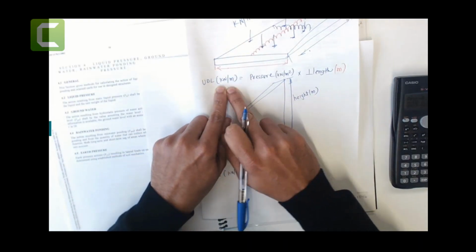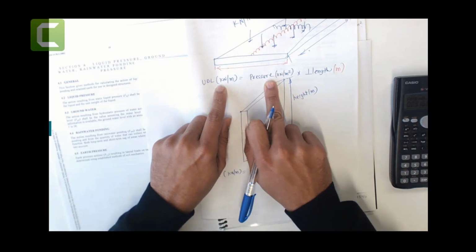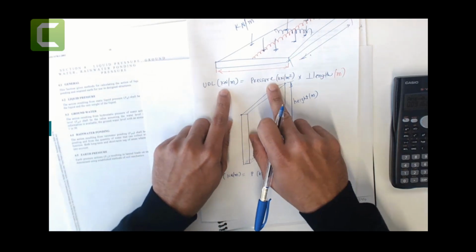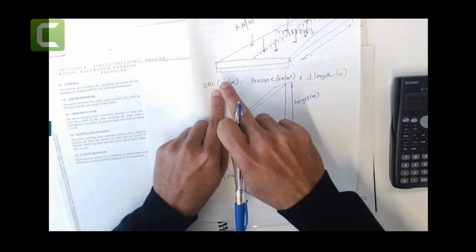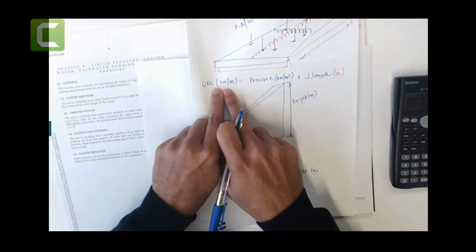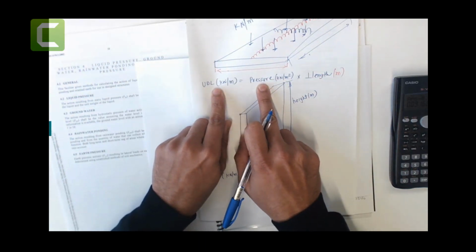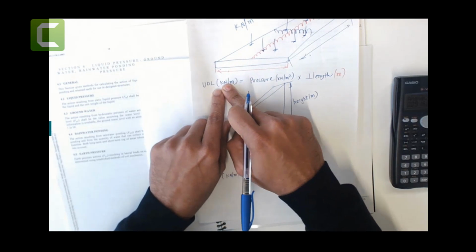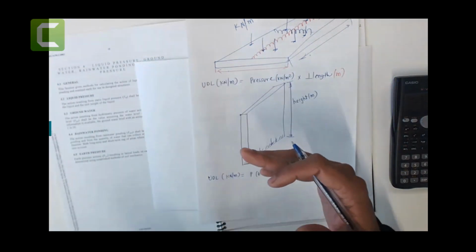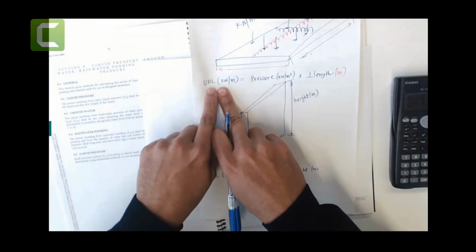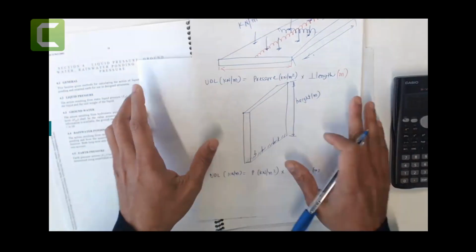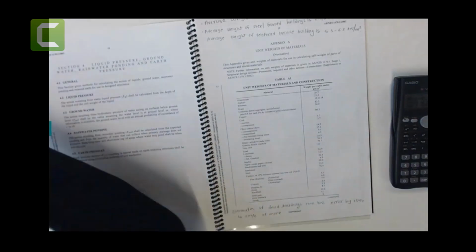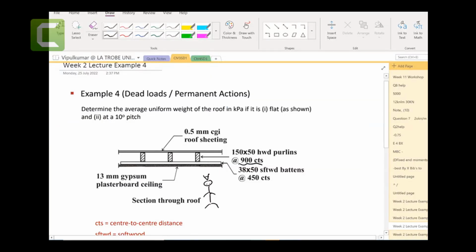But if you know the UDL load, you can calculate pressures. You understand what I'm trying to say? You can go back from UDL load to pressure just by dividing by the perpendicular length. But the question wants pressure, so we first find the UDL load, and then you divide by this length. I hope it makes sense. So this second one is done.